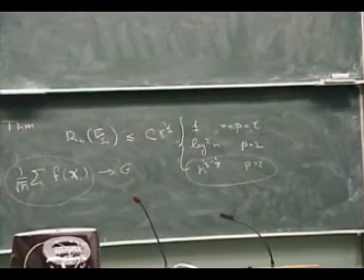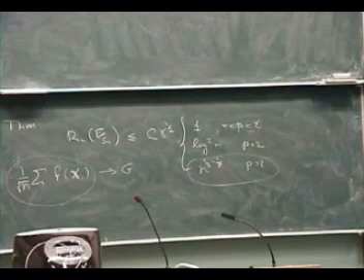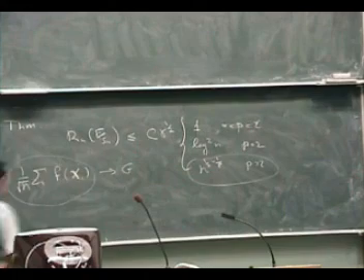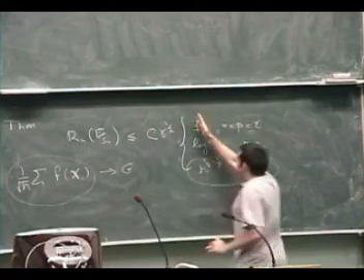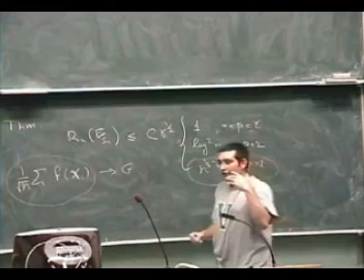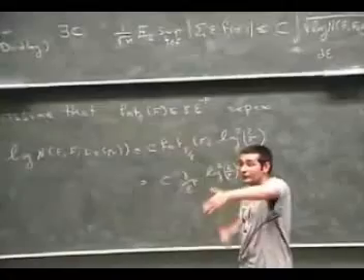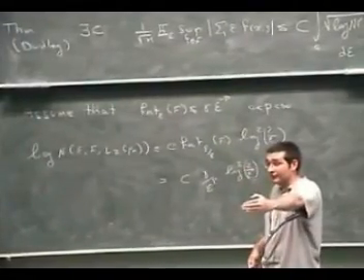I just don't want to. Let's write it this way: the maximum between 1 over epsilon to the power p and log 1 over delta over epsilon squared.